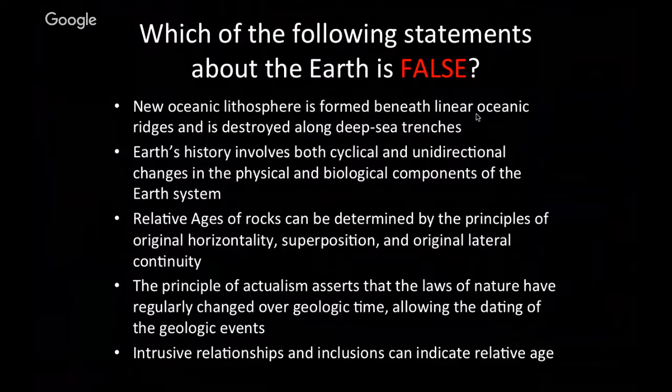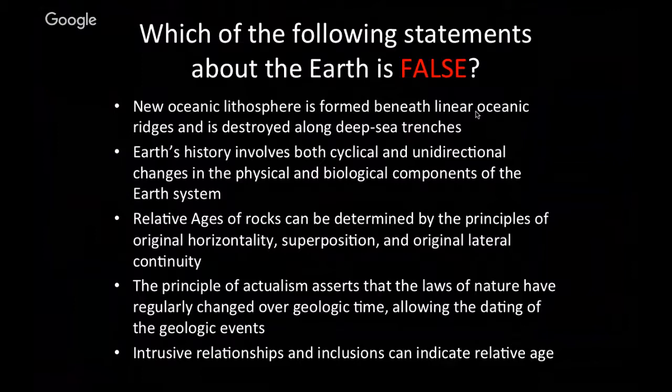Number 3, relative ages of rocks can be determined by the principles of original horizontality, superposition, and original lateral continuity. Number 4, the principle of actualism asserts that the laws of nature have regularly changed over geologic time, allowing the dating of geologic events. Or 5, intrusive relationships and inclusions can indicate relative age.